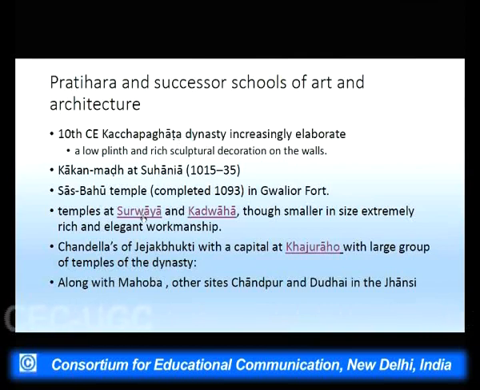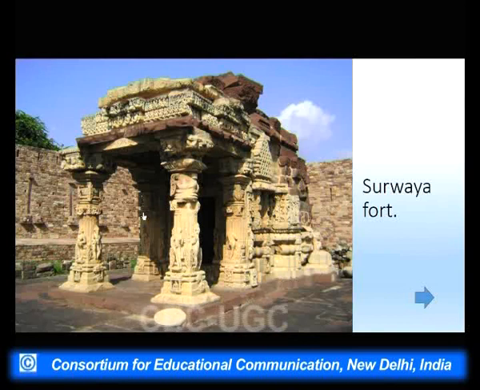Then the temples at Surwaya, which are part of a large Shaiva matha and temple complex. Here the shikhara no longer remains, but you can see the elaboration of the decorative scheme as well as some of the pillars here.